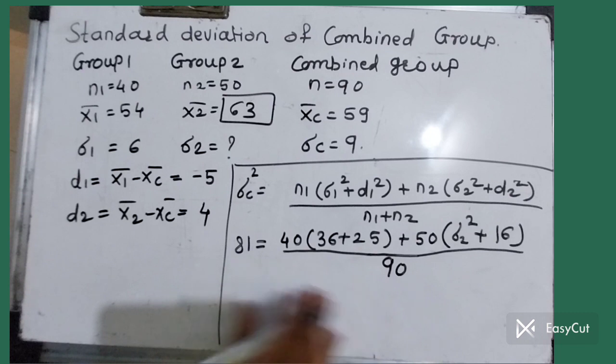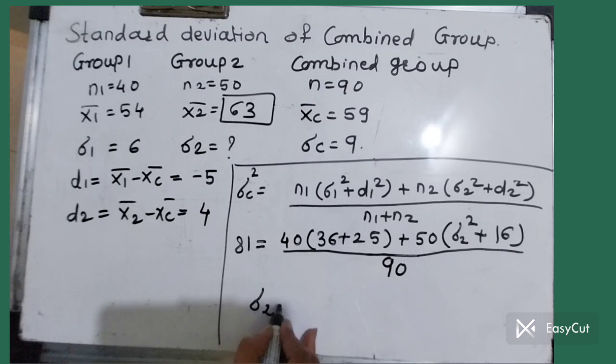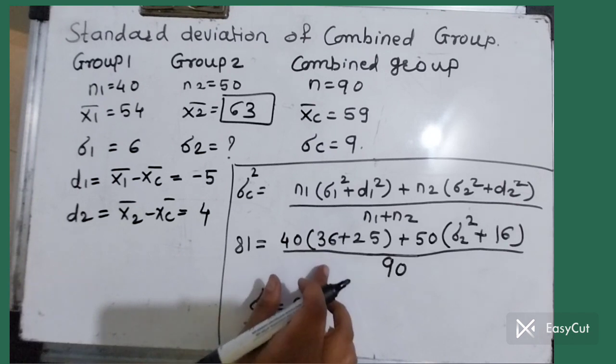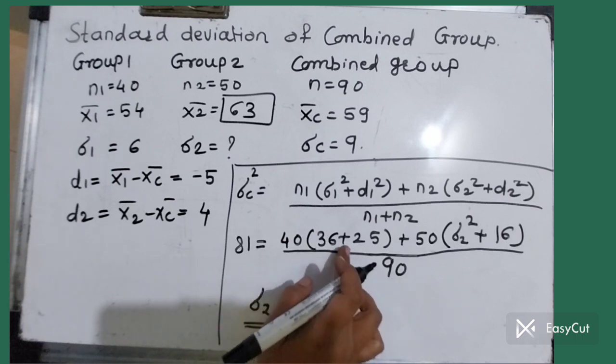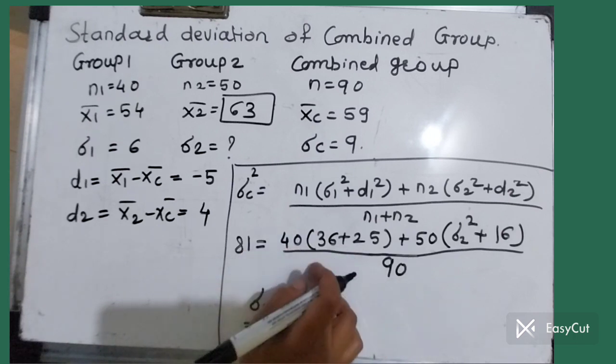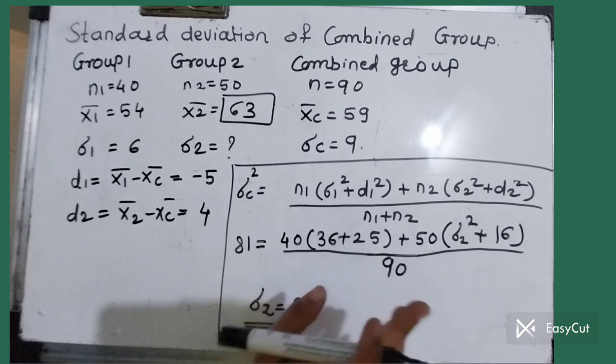Okay, after calculation we get sigma 2 equal to 9. Okay, if any doubt in the calculation, comment me. Or simply put all values in the calculator and find out sigma 2, because it is simply multiplication, division and addition.